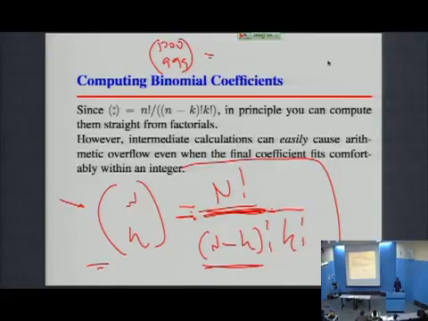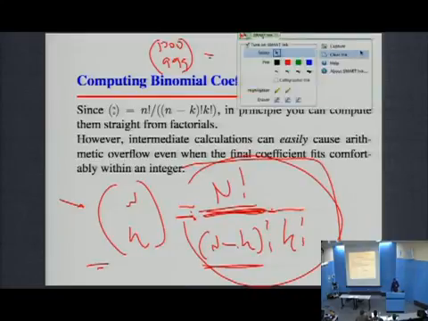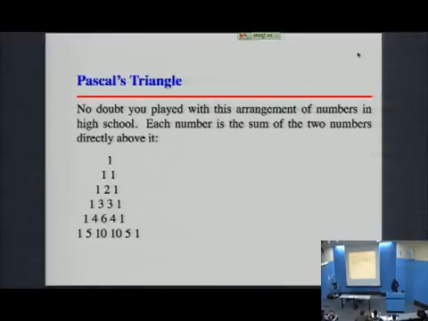If you think you're going to compute this thing, the only way you can do it without overflows maybe would be by canceling in the right way. But canceling in the right way is remarkably tricky. This is not how you compute n choose k. Any questions? How do you compute n choose k if you are doing it in a civilized manner?